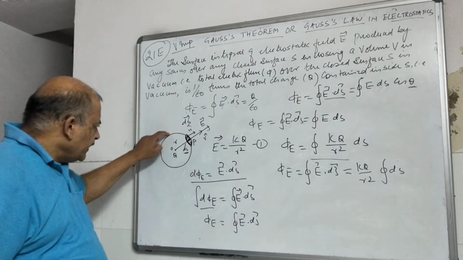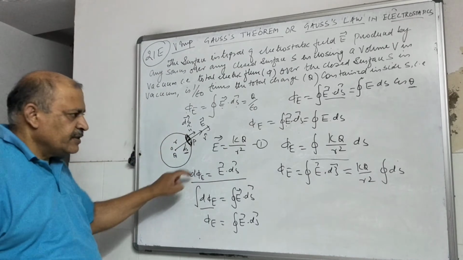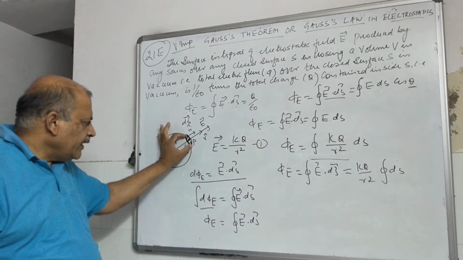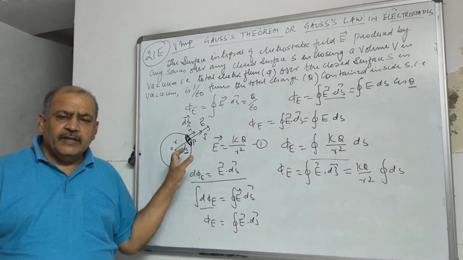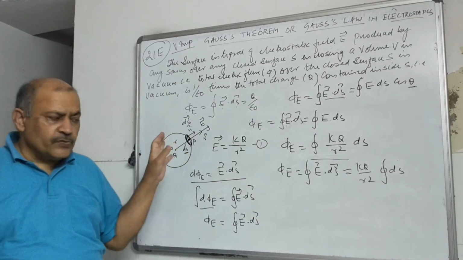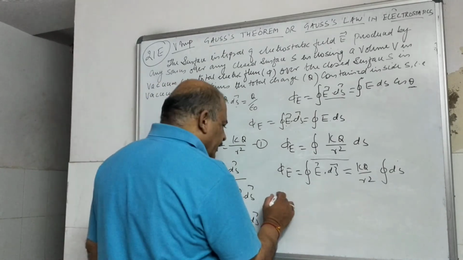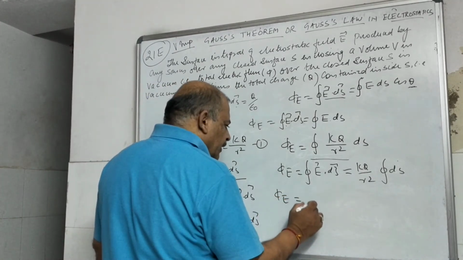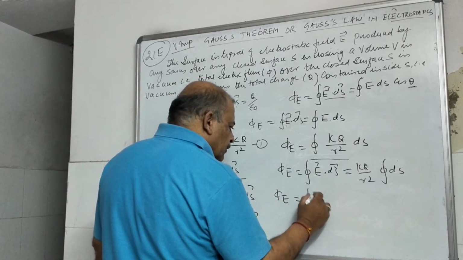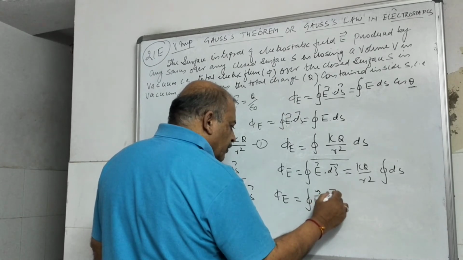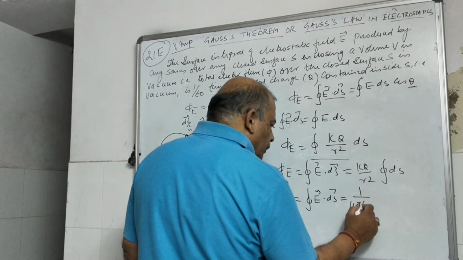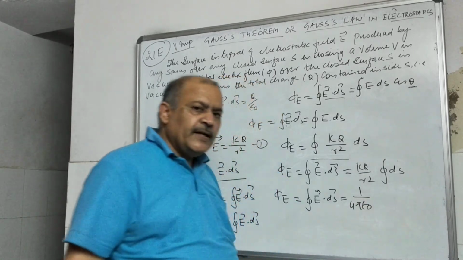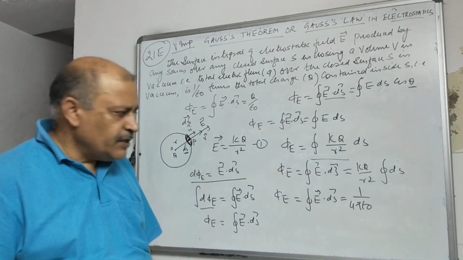Now the surface integral of this ds, that is, this is a small area, and what is the total area of this? That is 4 pi r square for a sphere. So what will we get? Phi E equals surface integral E dot ds. In place of k, we can write 1 upon 4 pi epsilon naught, where epsilon naught is the electrical permittivity of free space.